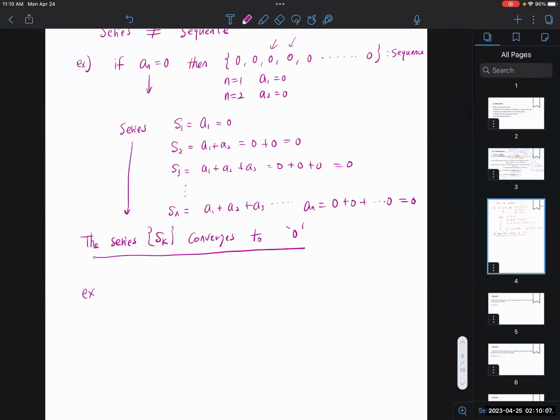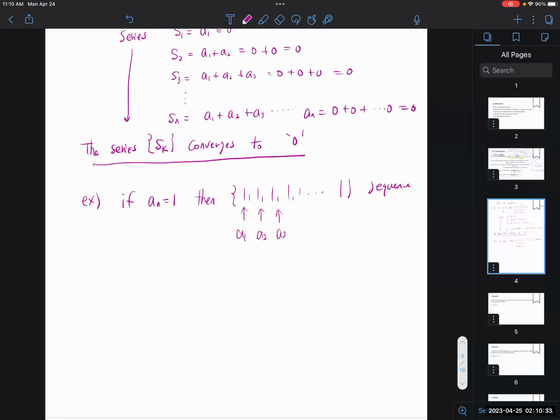Second example, if an equals 1, what does it mean? This is the sequence. When you think of the list of the numbers, it's going to be 1, 1, 1, 1, 1. So what does it mean? A1 is 1, A2 is 1, A3 is 1, everything is 1.